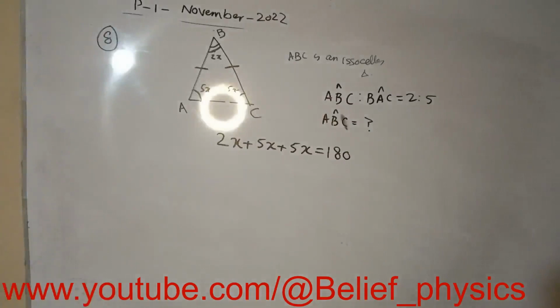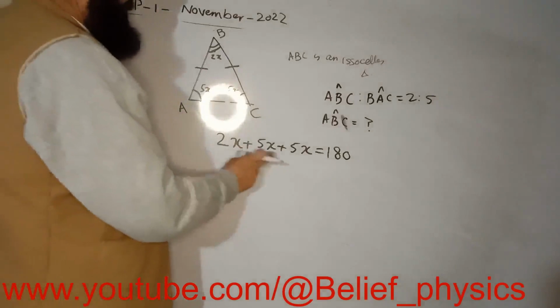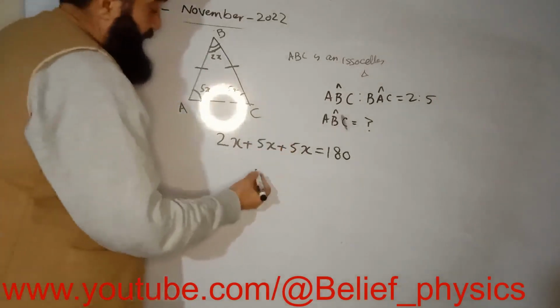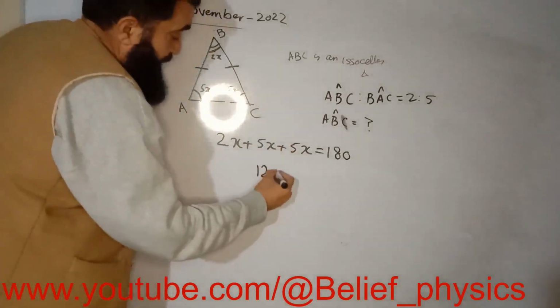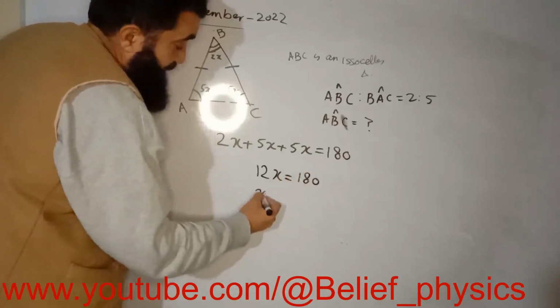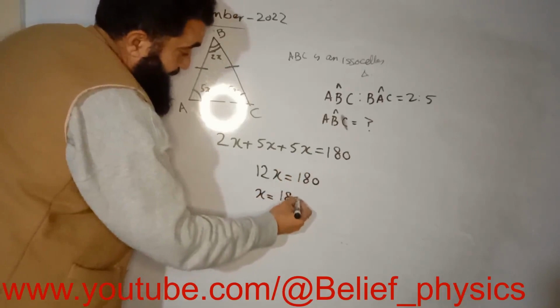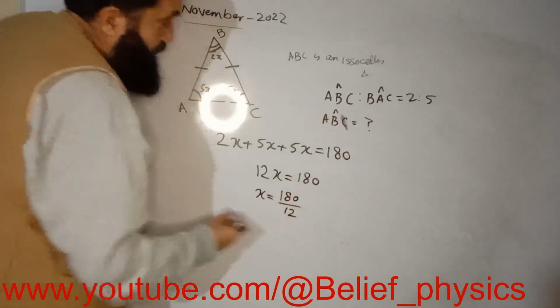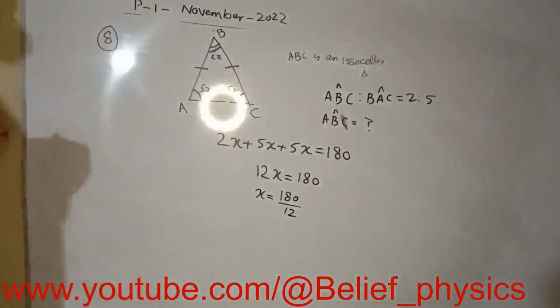Okay, how to calculate it? It is very easy. This is 2 plus 5 plus 5, which is 12. So this is 12x is equal to 180. So x is equal to what? 180 divided by 12. No, look here, again I explain to you.